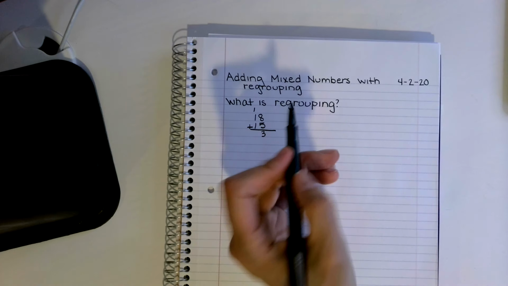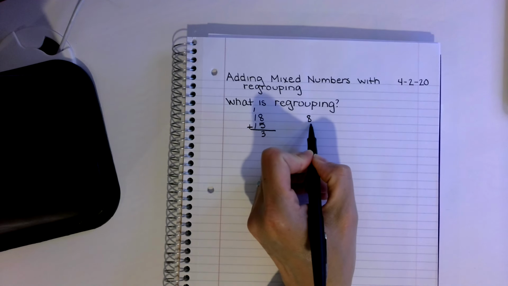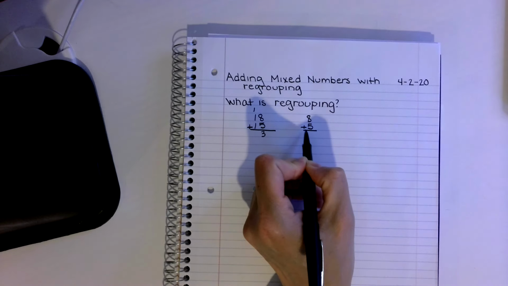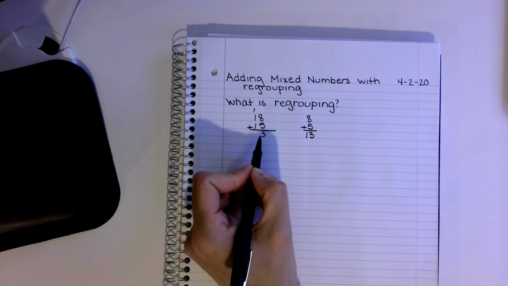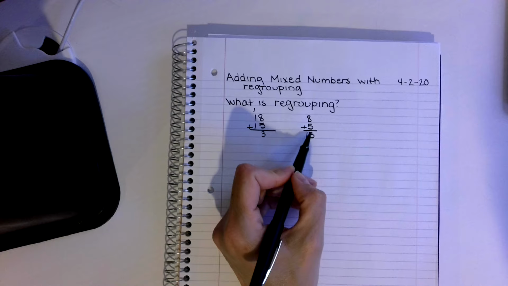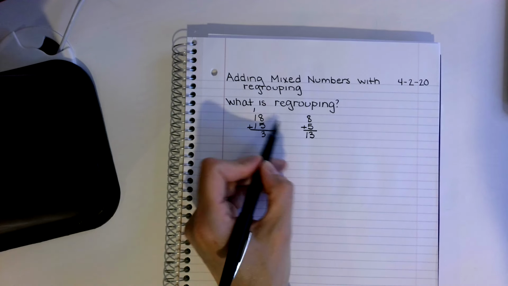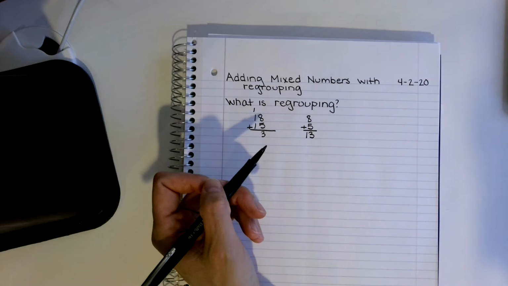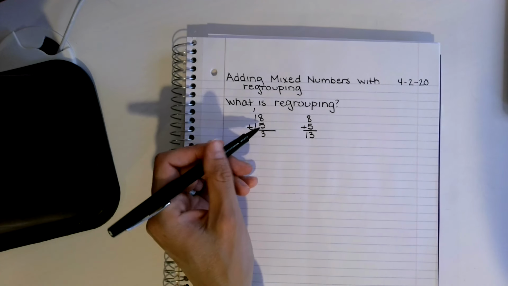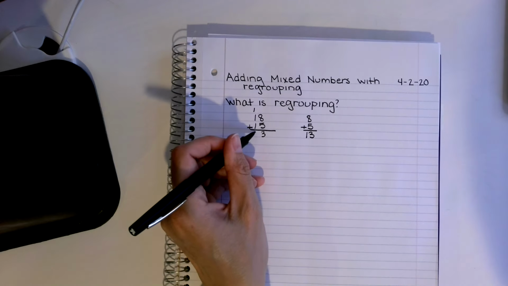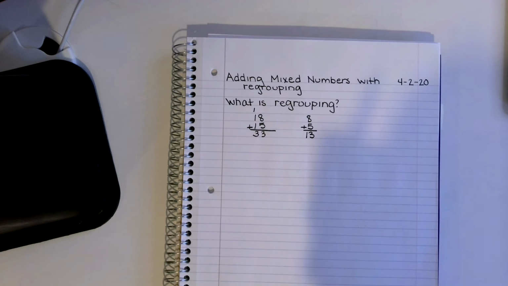You write down what you have in the ones, and you put your 1 over in the tens. So 1, 2, 3, that'd be 33. So that's what regrouping is.